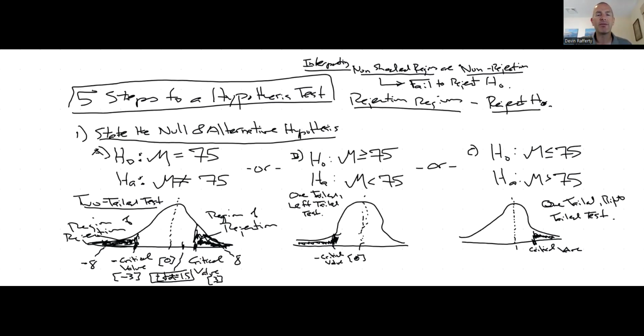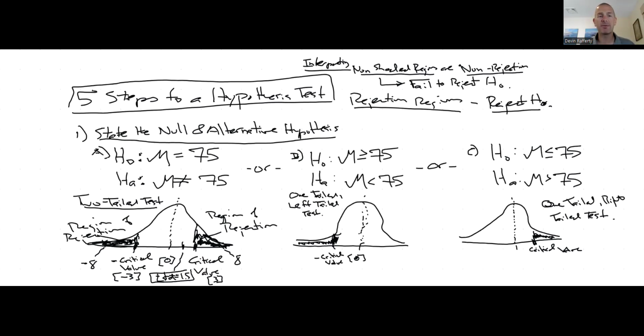We could do, is the average of Jersey City greater than or equal to Hoboken? Is it less than or equal to Hoboken? My point here is not to confuse you. My point is merely to show you that if you learn these 5 steps of hypothesis testing, because I wrote up top 5 steps to a hypothesis test.